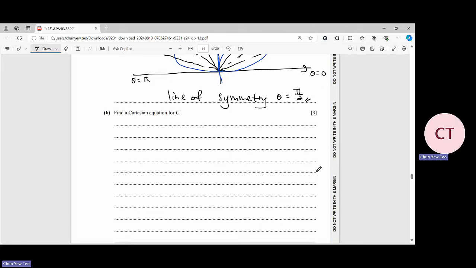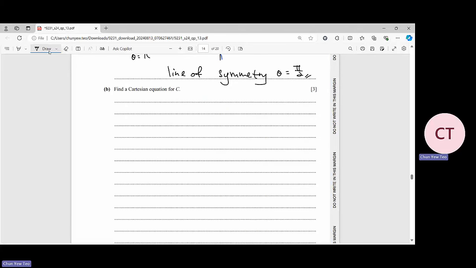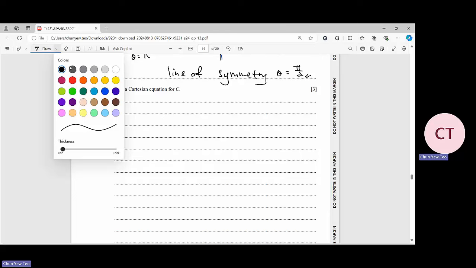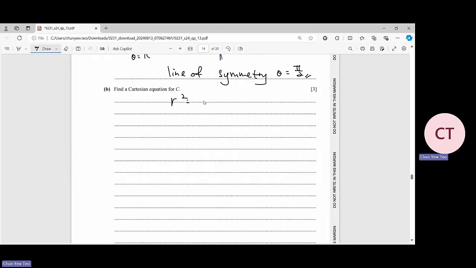Then we go for part B. For part B, they want you to find the Cartesian equation of C. This one actually is not difficult. Our r squared is given as sine 2 theta cos theta. You just make it become a single angle. It will become 2 cos theta sine theta cos theta. Then you make it become 2 cos squared theta sine theta.